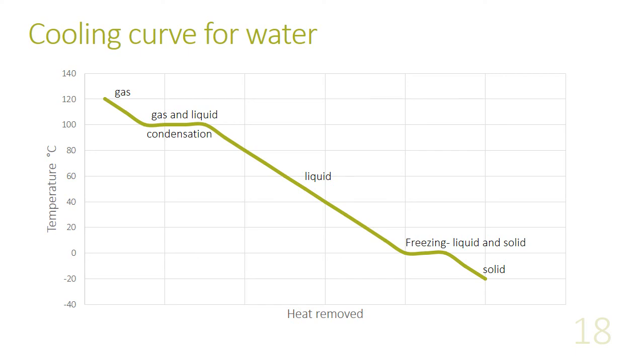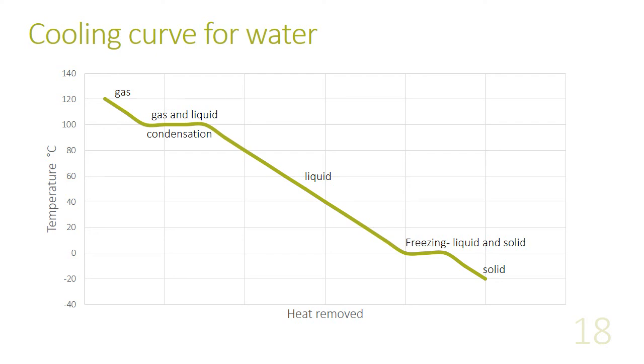Finally, once all of the gas has become liquid, we can cool it down, slow the molecules down, and so the temperature of the liquid will continue to fall until we get to the freezing point. At the freezing point, if you keep removing heat, the molecules will get closer together, and so all during that flat part again, that's where the liquid and the solid are both present, and during that time, all of the liquid is freezing.